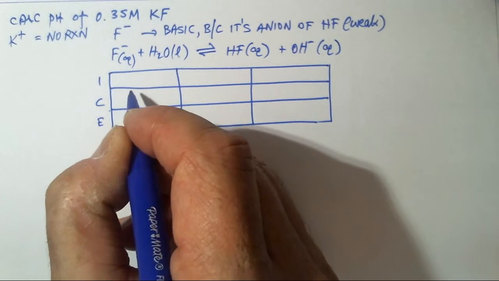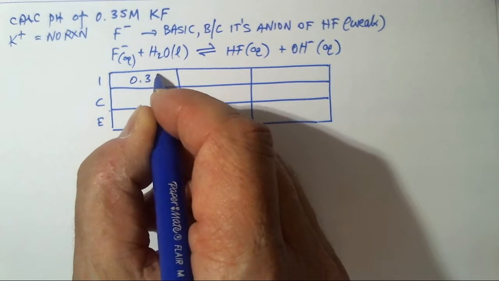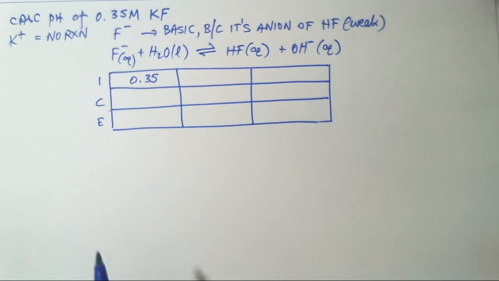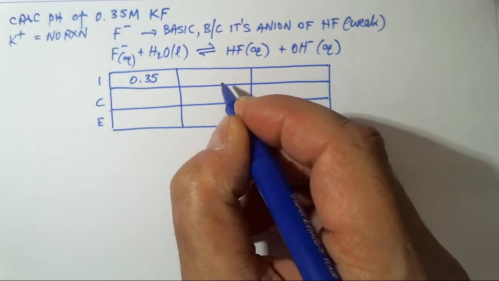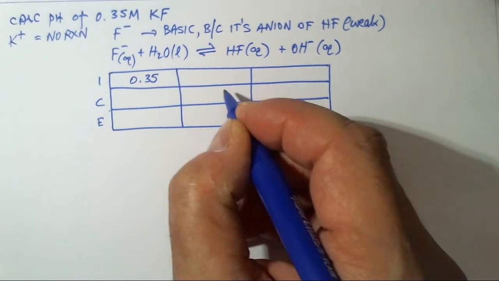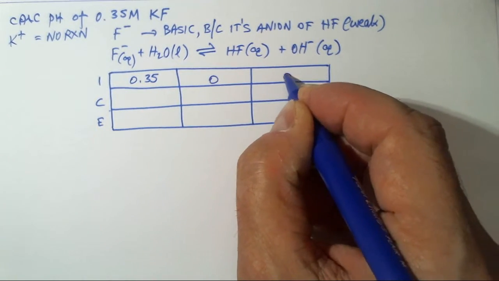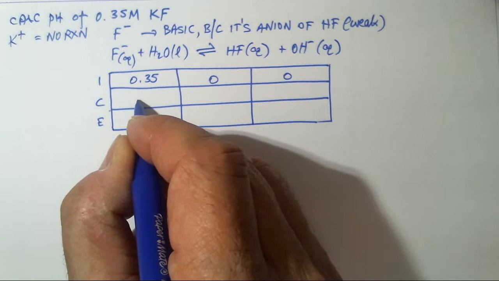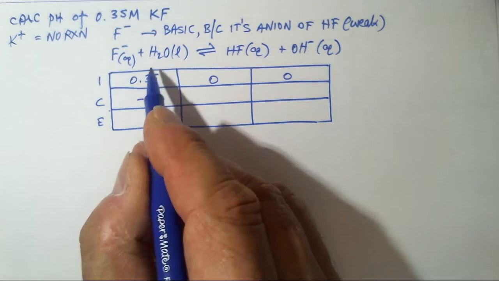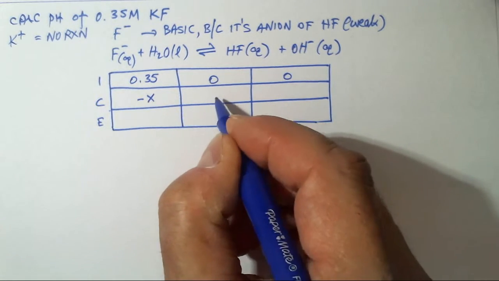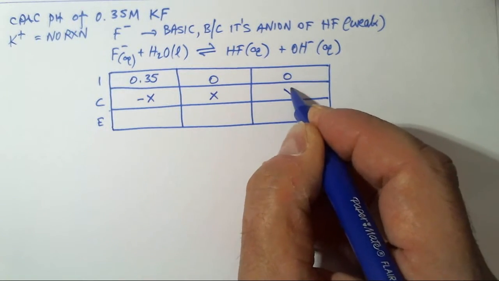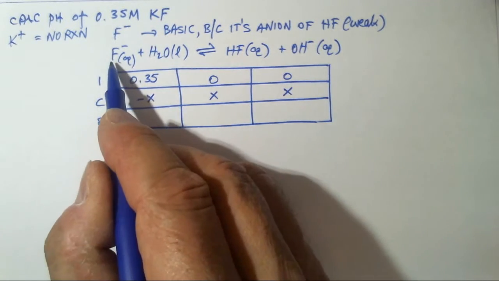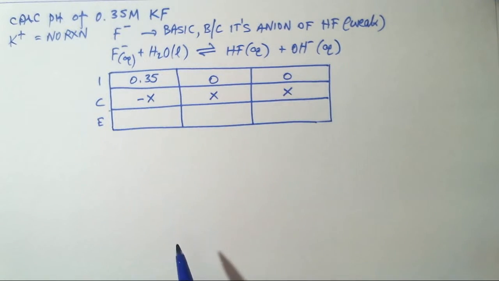The initial concentration then is 0.35 molar for fluoride. Because KF dissociates completely, then the fluoride will be 0.35 molar. At some frozen instant in time initially, these are both zero, and then we can imagine that some unknown amount x dissociates of this fluoride, and you're going to produce x of this and x of this, because the stoichiometry is 1 to 1 to 1.